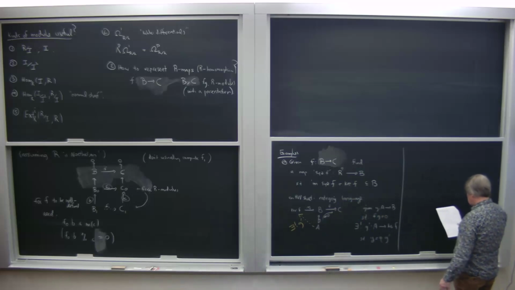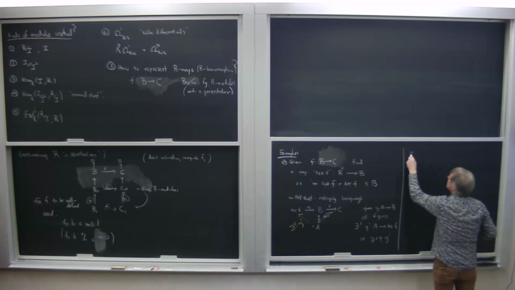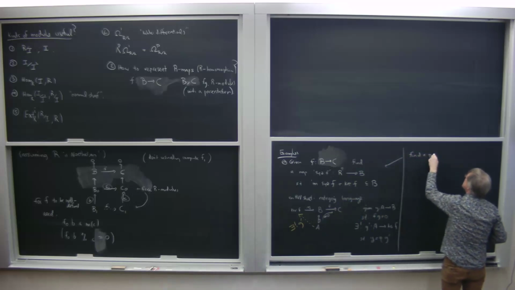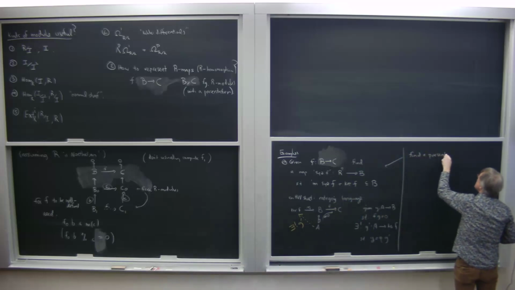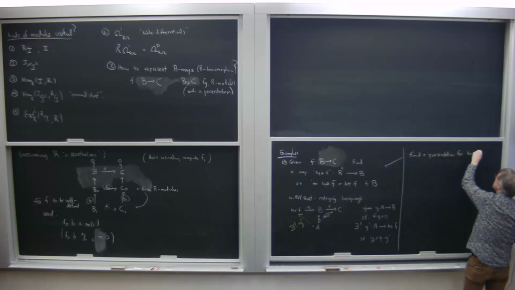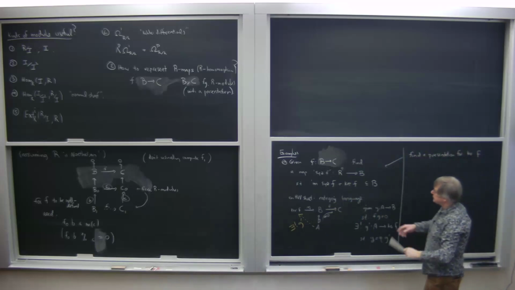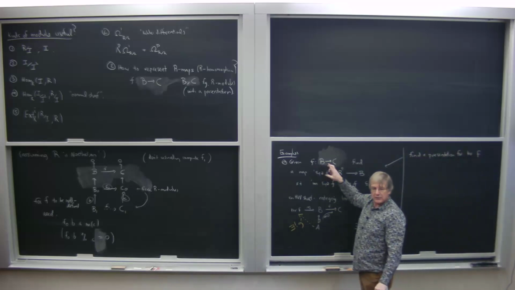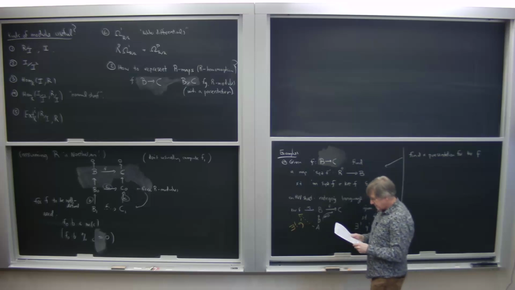So how do we do this? Let's find a presentation for the kernel of f. The kernel of f is going to be some submodule of this, but we want to find a presentation.